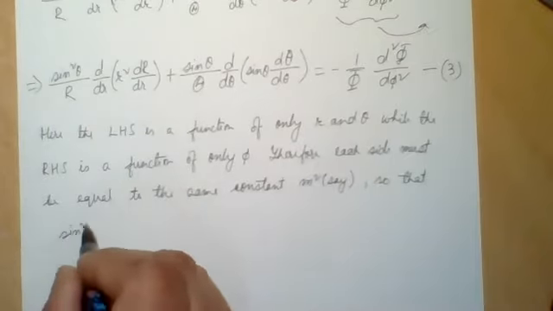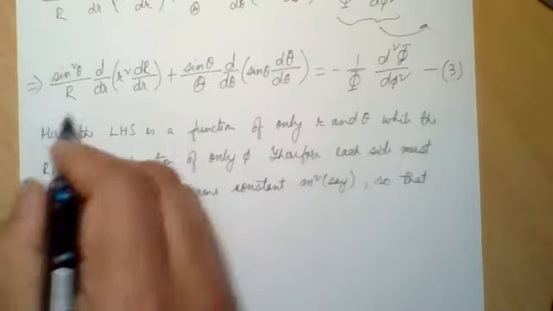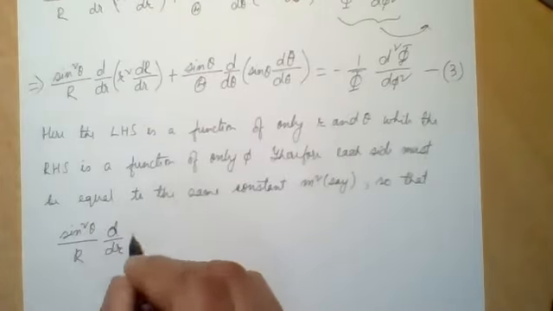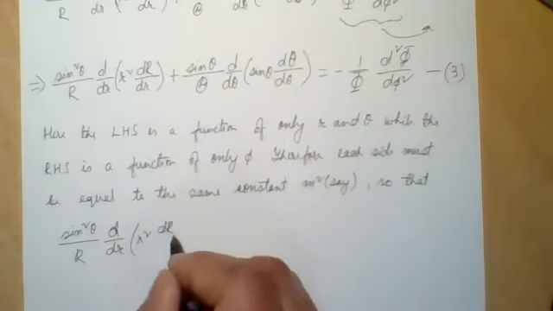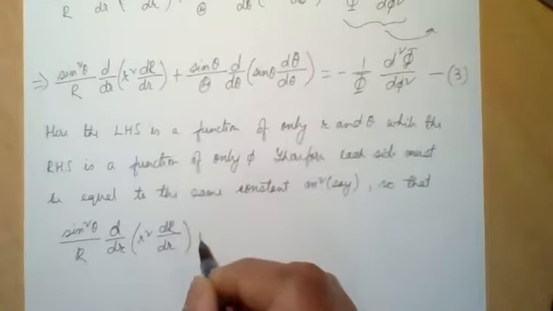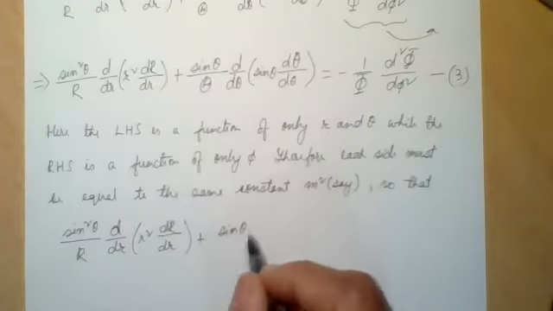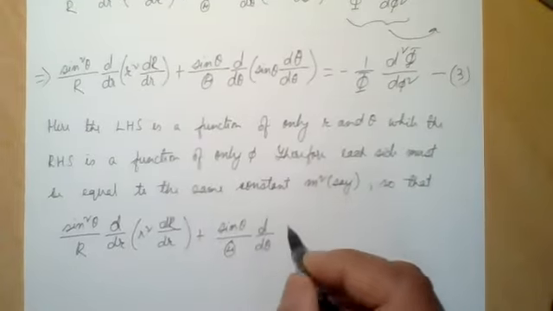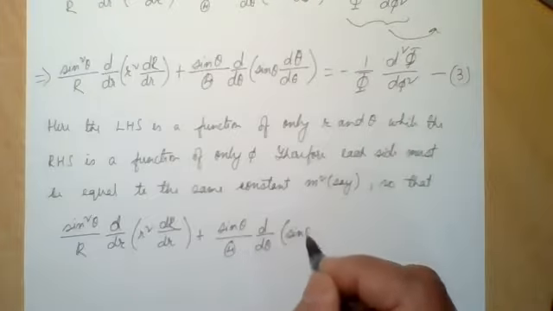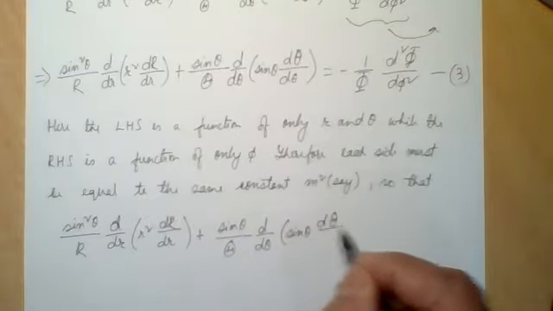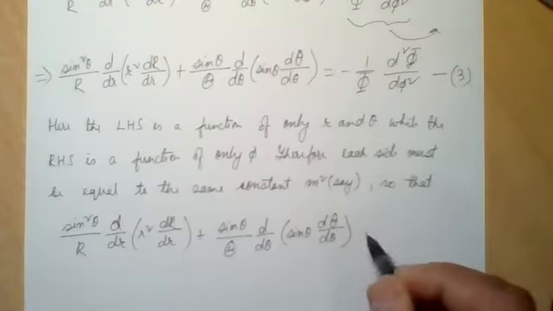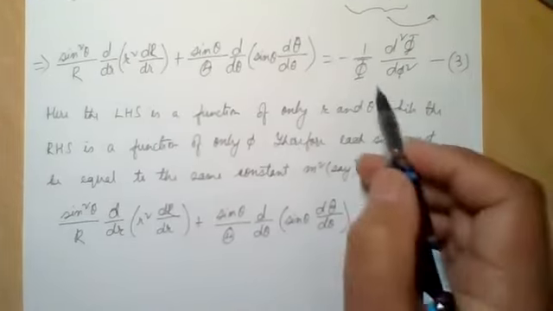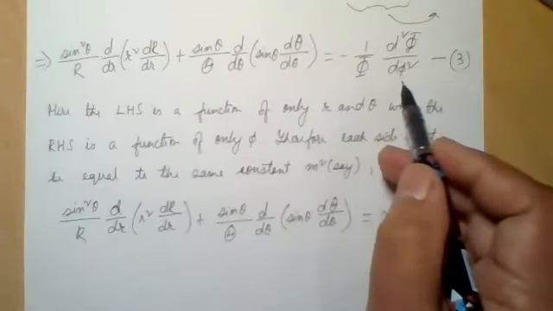Sine square theta by R, d by dr, r square dR by dr, plus sine theta divided by capital Theta, d by d theta, sine theta d capital Theta by d theta. This should be equal to m square. Let us call this equation number 4. And this right hand side should also be equal to m square.